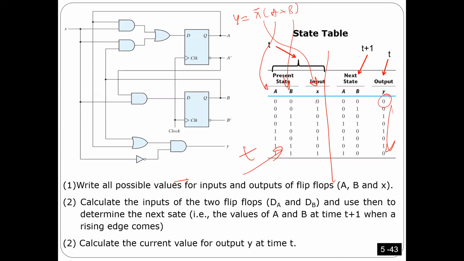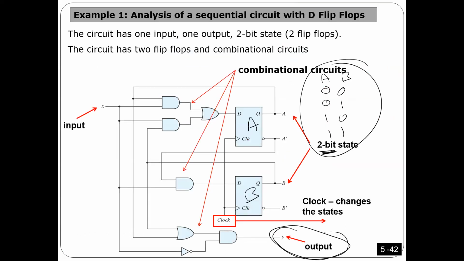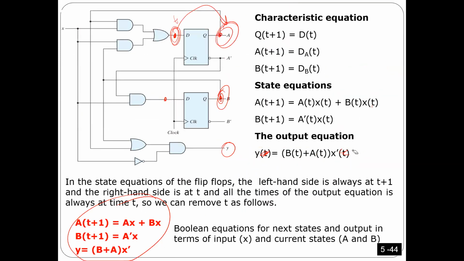Is that okay? Now, what is the next state for A and B? This is exactly the state equation. The state equation describes the next A given the current A and B. Remember this part?